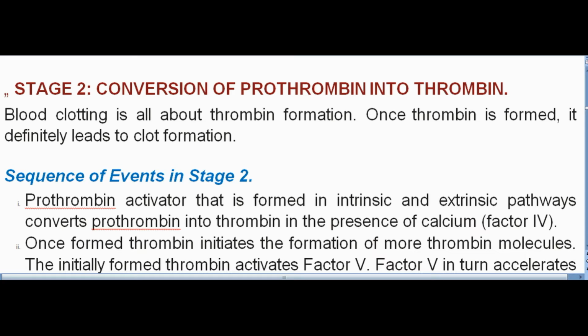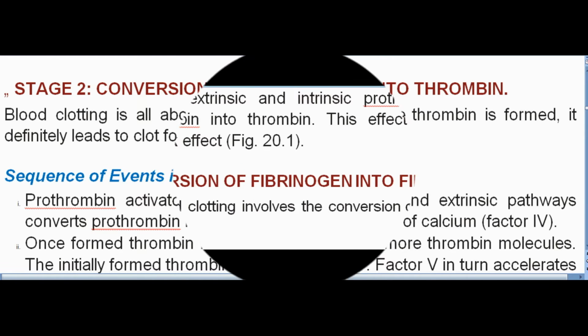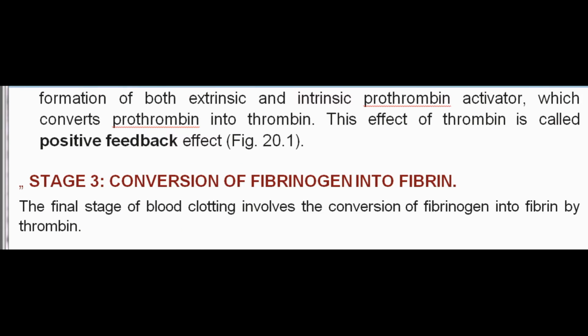Once formed, thrombin initiates the formation of more thrombin molecules. The initially formed thrombin activates Factor V. Factor V in turn accelerates formation of both extrinsic and intrinsic prothrombin activator, which converts prothrombin into thrombin. This effect of thrombin is called positive feedback effect, Fig 20.1.